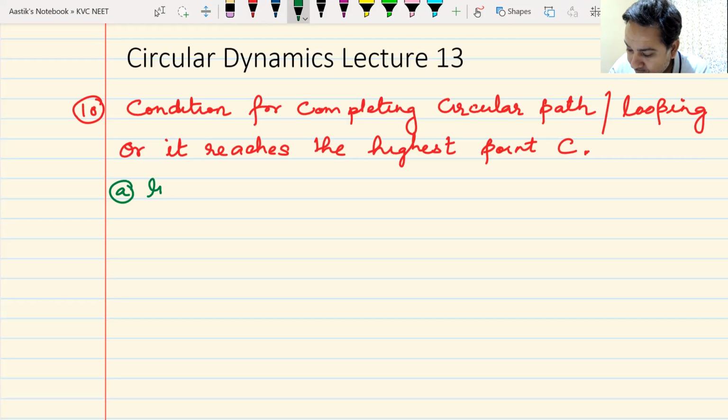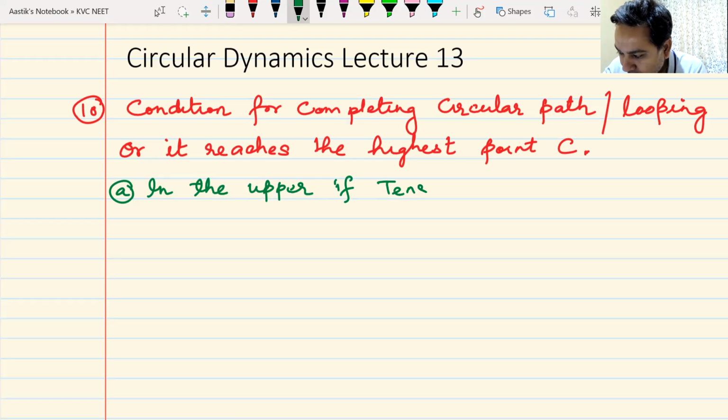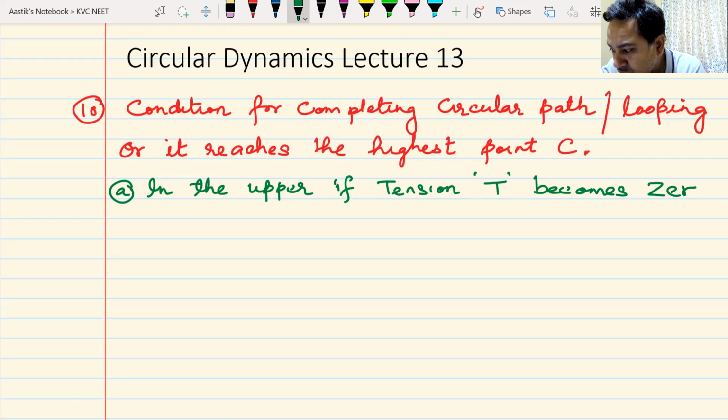In the upper half, if tension T becomes 0, remember what I said, tension T never becomes 0 in the lower half.